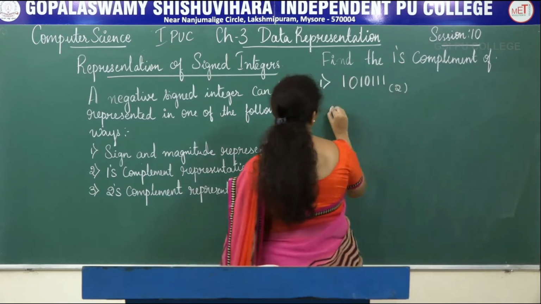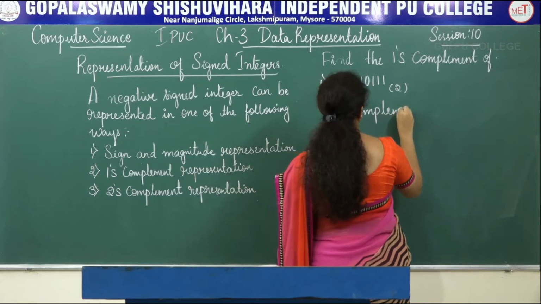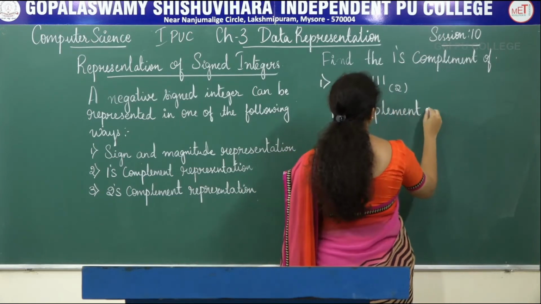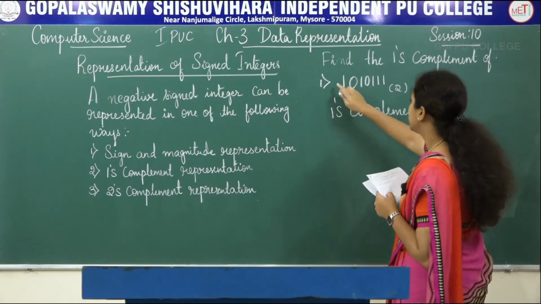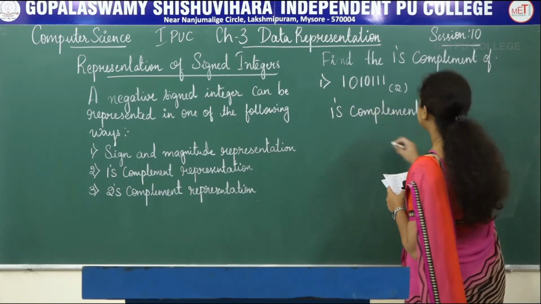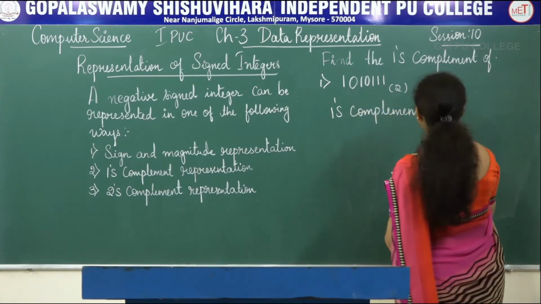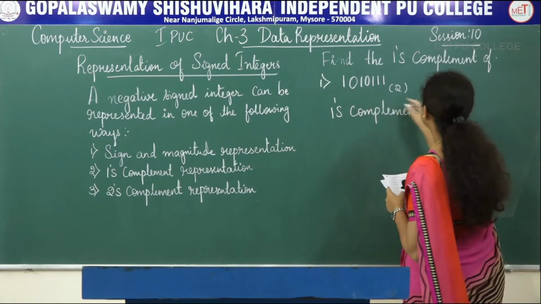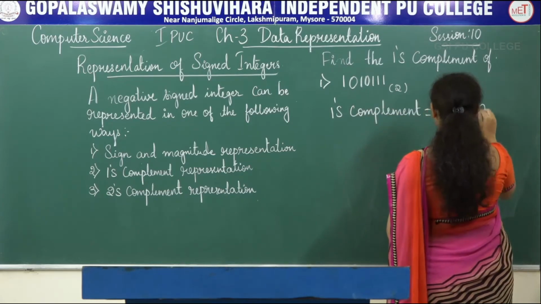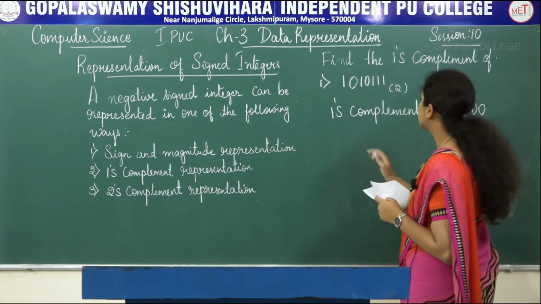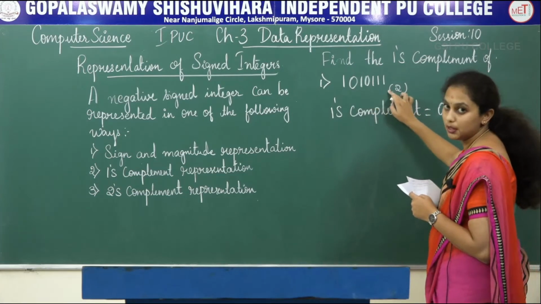Hence the ones complement is: change 1 to 0, here 1 is there so change it as 0; here 0 is there so change it as 1. 0, 1, 0, 0, 0. So this is the ones complement of 1, 0, 1, 0, 111.